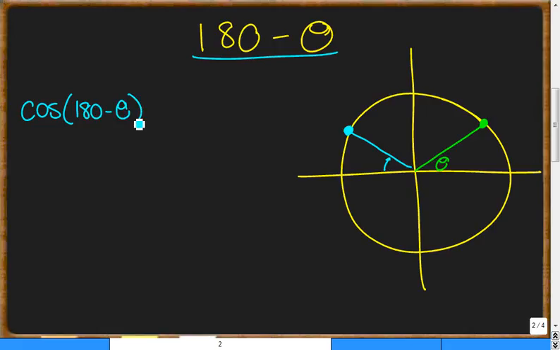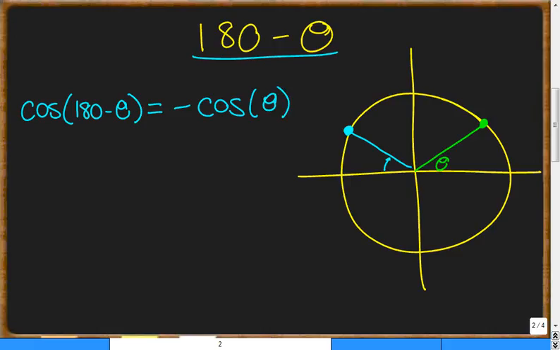Of course, we need to know what theta is, but if we know what our regular theta is, we can go based off of that. In this case, the cosine of 180 minus theta is opposite of what it would be in the first quadrant. If we take the same angle and subtract it from 180, we end up with the opposite of cosine of theta.